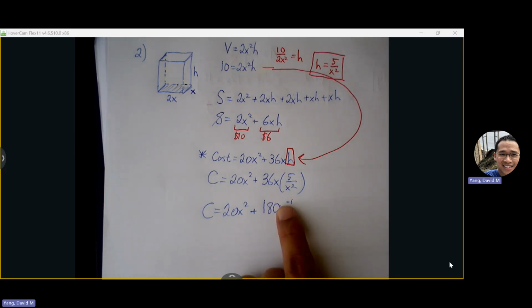Okay, once I get my cost equation down to one variable, I'm ready to find the derivative and set it equal to 0.